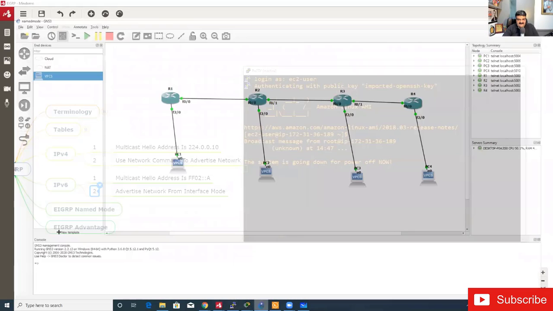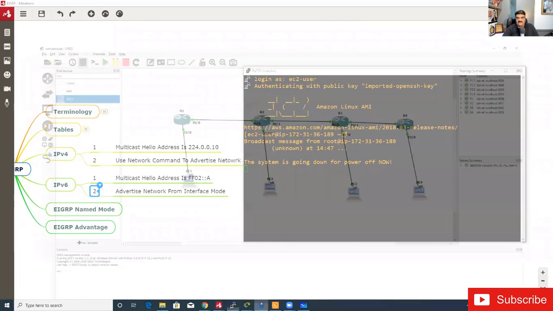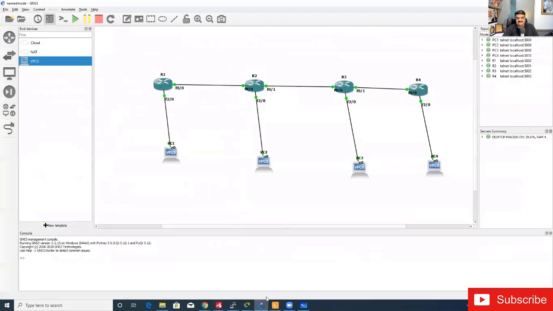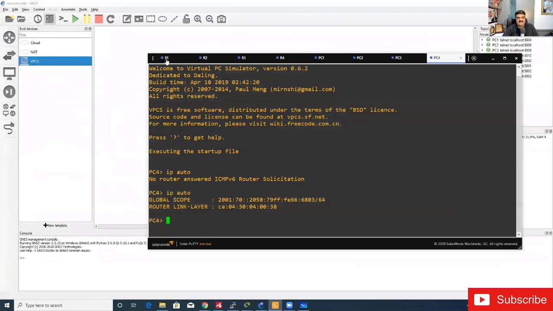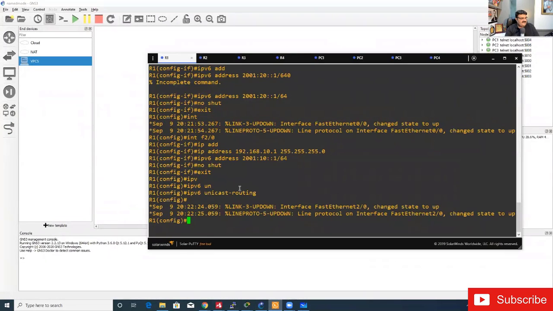Wait a minute. Okay, so my lab is ready, and I'm using the same IPs, 10, 20, 30, 40, 60, 2001:AABB. It is the same. Now I'm going to configure EIGRP.